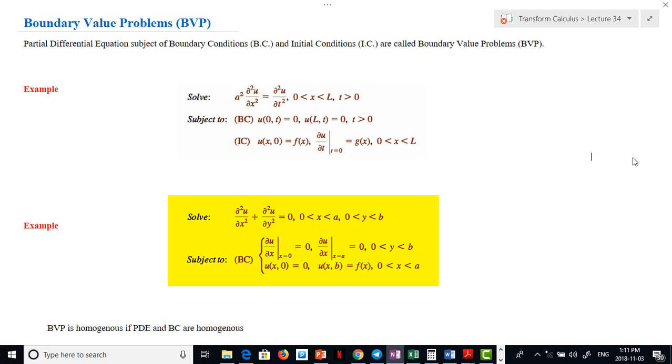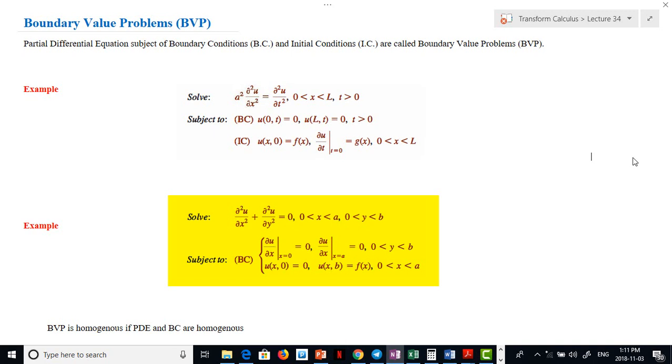Or another example, here we have the second derivative of u with respect to x plus the second derivative of u with respect to y equal to 0. Again, we have a partial differential equation subject to boundary conditions and initial conditions. The boundary conditions say that the derivative of u with respect to x at x equal to 0 is equal to 0, and the derivative of u with respect to x at x equal to a is equal to 0.